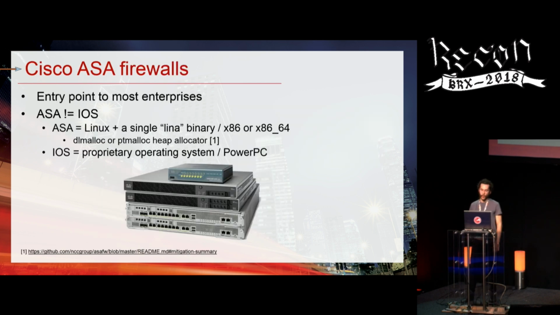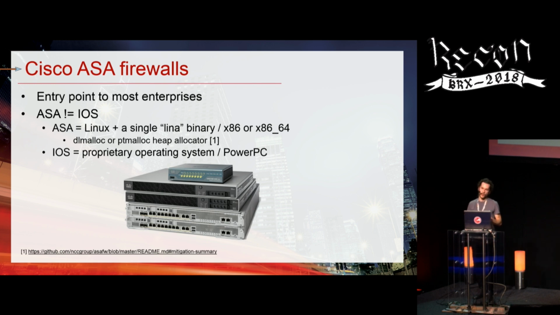So what is an ASA firewall? It's basically what you have at the bottom. There are different models. The cheapest one is the ASA 5505, and then you have more expensive ones. But they basically all run the same software, and they are Linux-based, and underneath they run a single binary called Lina, and they are Intel-based, so it's either 32 or 64-bit, but they are Intel.